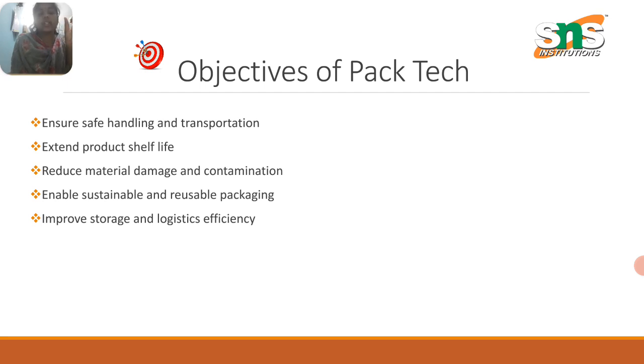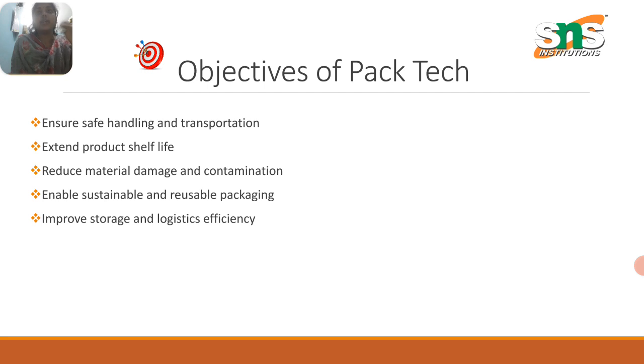Extend product shelf life. So, if we pack in a proper way, it leads to protecting the product and it will have a good life. Reduce material damage and contamination. In protecting some materials, they should be handled in a very careful way so that the material does not get damaged.